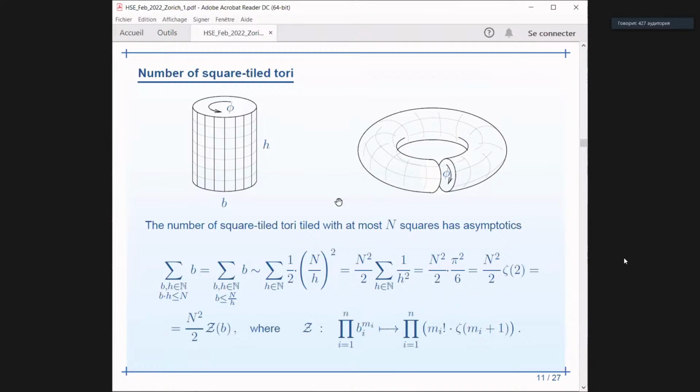Okay. This is, in a sense, more than 95% of the story.